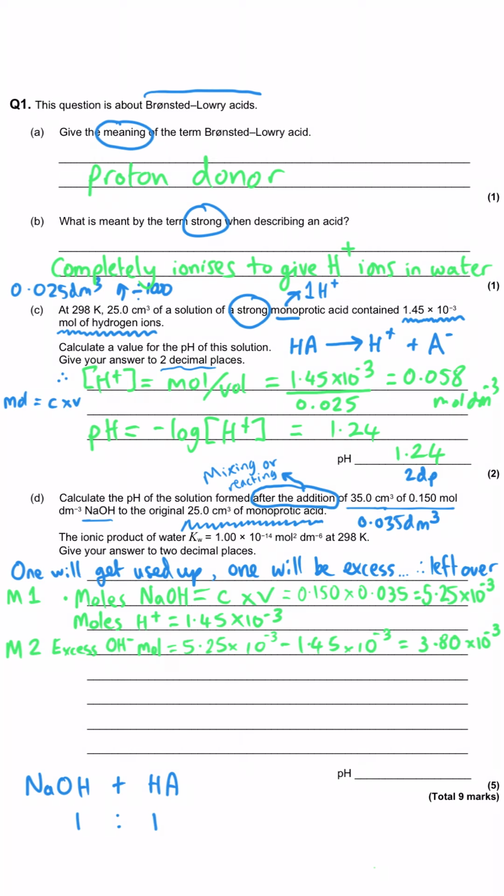Now, I said it was a 1-to-1 reaction ratio, and obviously you can just remember that reaction ratio if you're able to, but we can actually work it out as well, because in sodium hydroxide, we can see from the formula that there is one hydroxide ion. And we can also see from the formula that I drew earlier, the HA, that there is one hydrogen ion per molecule. But also we've got the clue that it's monoprotic, and so that's going to be one hydrogen ion for sure.